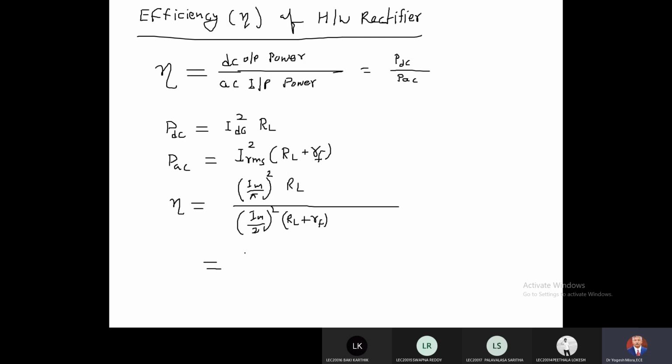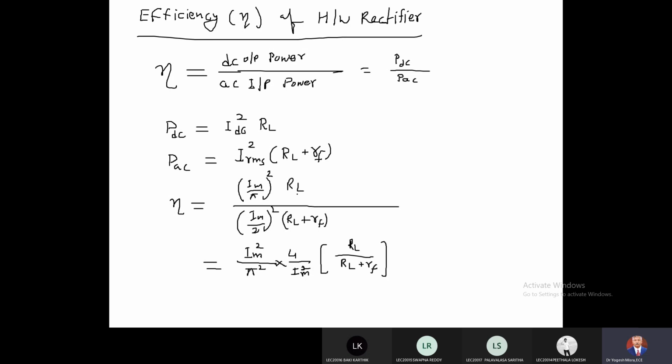So this you can write as Im square by pi square multiplied by 4 by Im square, and here we have RL by RL plus RF, right?